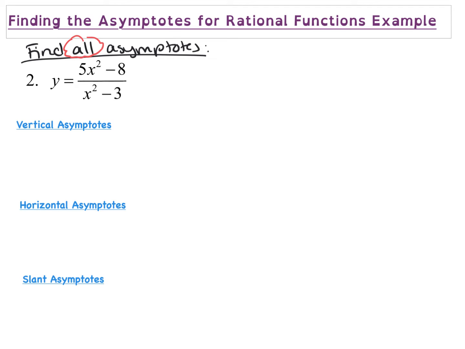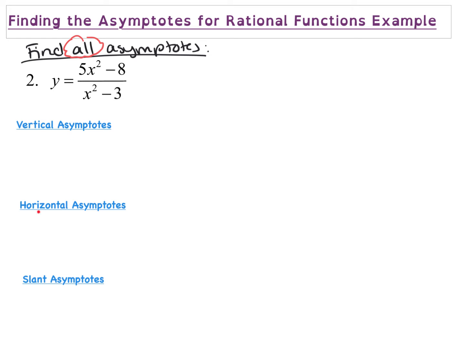In this example, we're going to focus only on finding the asymptotes, or rather the equations of the asymptotes for this rational function. There are three types of asymptotes that we're going to study in this class. Vertical asymptotes, that's where the denominator is equal to 0 and the factor does not cancel in the numerator.